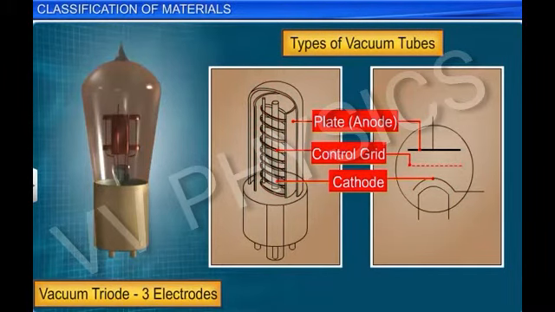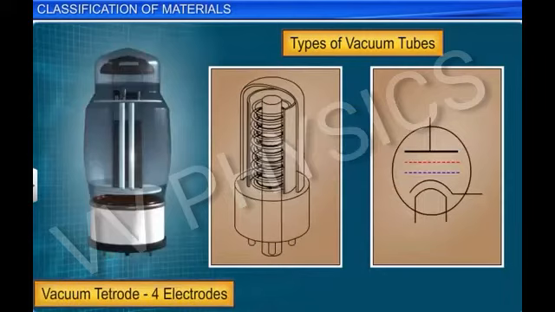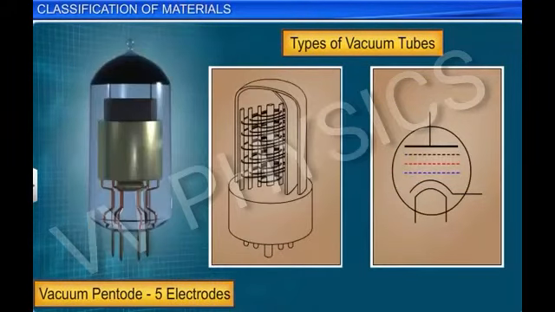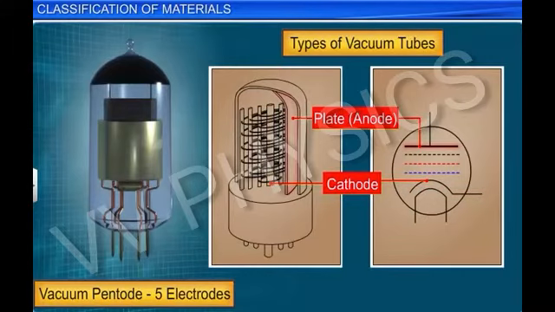The tetrode has four electrodes, a cathode, a plate, a control grid, and a screen grid. And the pentode has five electrodes, a cathode, a plate, a control grid, a screen grid, and a suppressor grid.